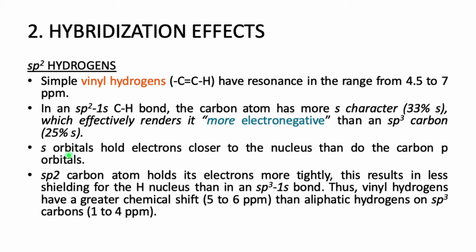The s orbitals hold electrons closer to the nucleus than do the carbon p orbitals. The sp2 carbon atom holds its electrons more tightly. This results in less shielding of the H nucleus than in an sp3 carbon-hydrogen bond. Thus, vinyl hydrogens have a greater chemical shift, that is 5 to 6 ppm, than aliphatic hydrogens on sp3 carbons, which usually have 1 to 4 delta values.